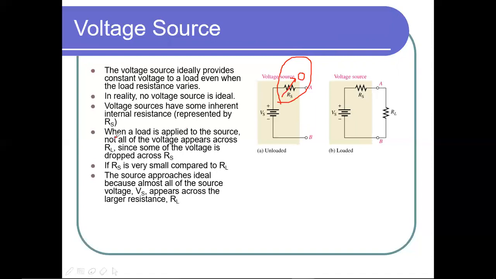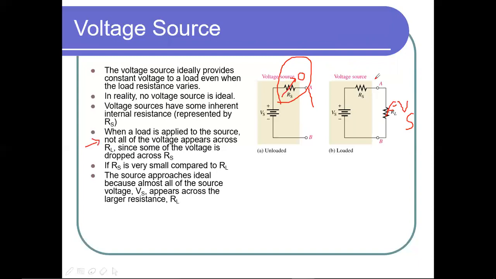So this point means when a load is applied to the source, as in this diagram, where the load is already given, applied to the A and B terminals, the complete voltage Vs will not appear across the load. Why?